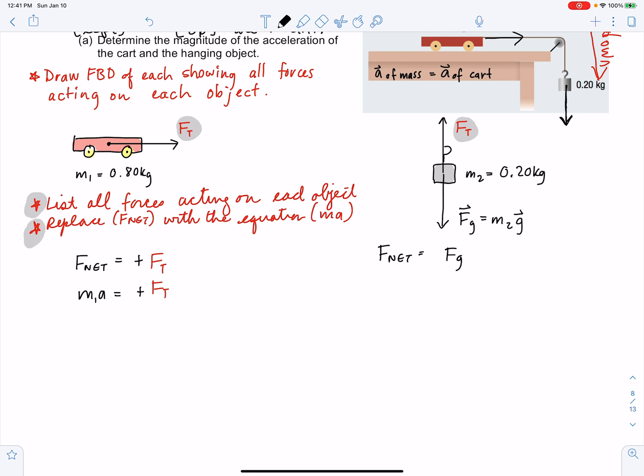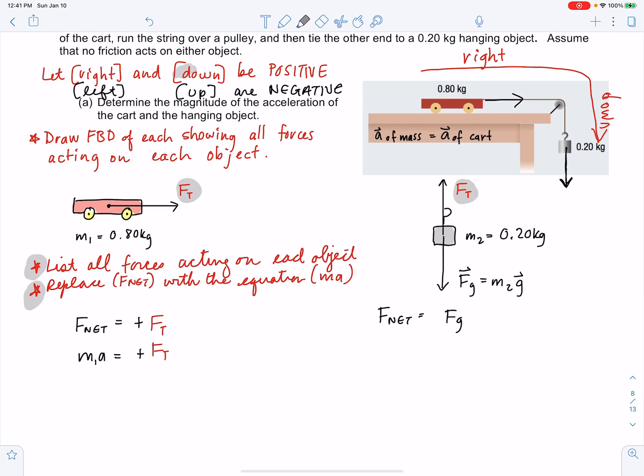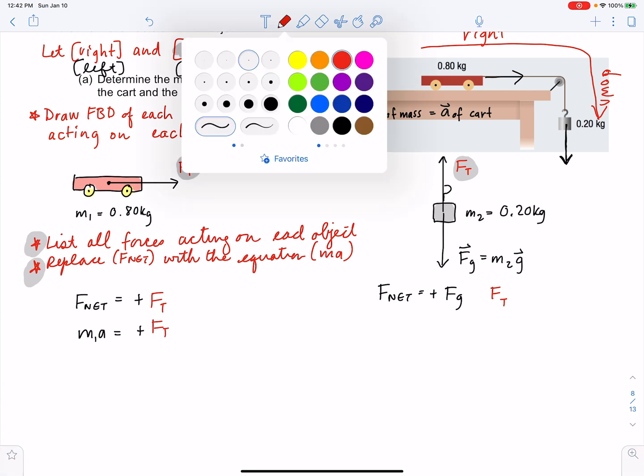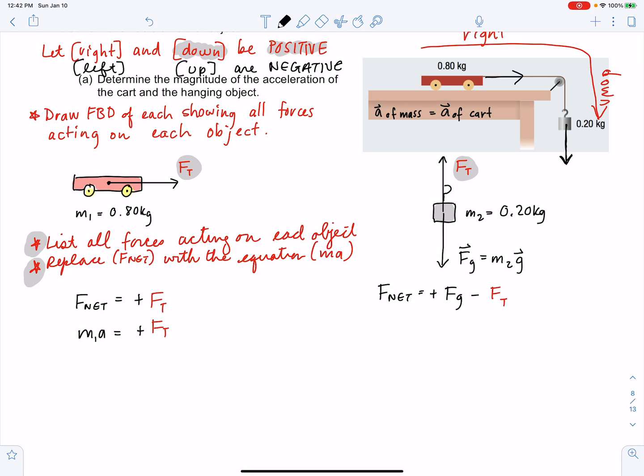Since the force of gravity is down, and we made down to be positive, we're going to have a plus sign. And next, there's the force of tension. And since the force of tension is pointing up, we made up to be negative, so this is going to be minus force of tension.